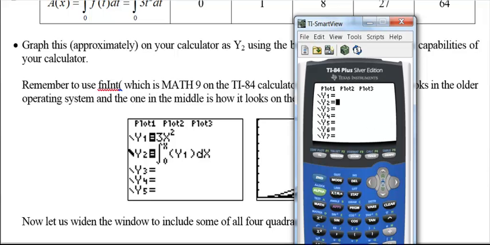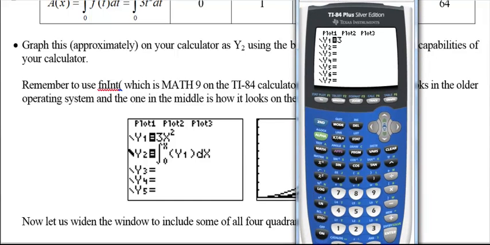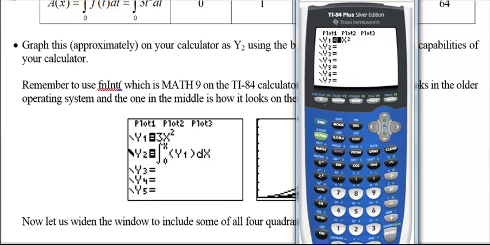So y1 was our function 3x squared. Okay, this is in the newer operating system, so if I go to mode, even in the newer operating system, I can go to classic view, and you can see what this looks like in the old version. Go to the y equals screen. Okay, that's what it looks like in the older version there.